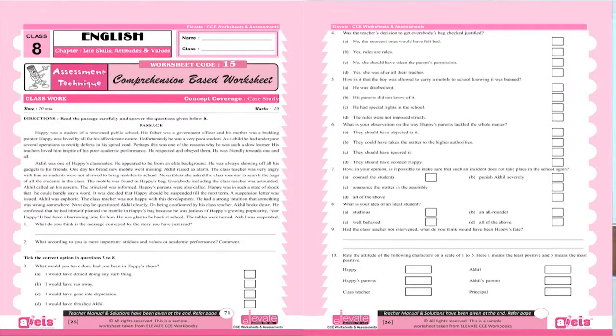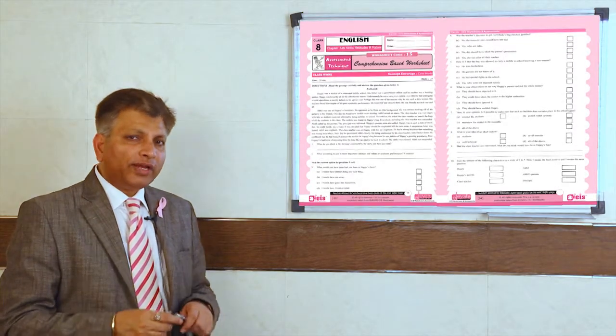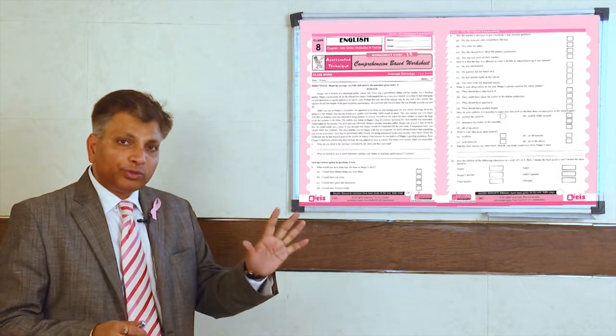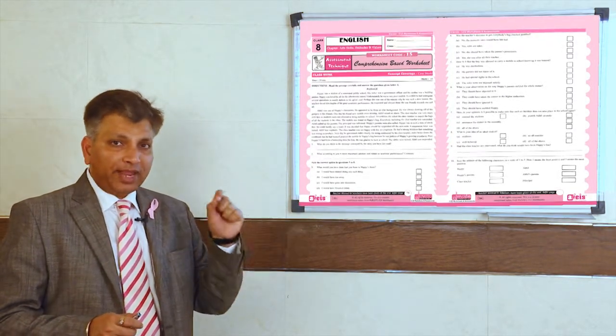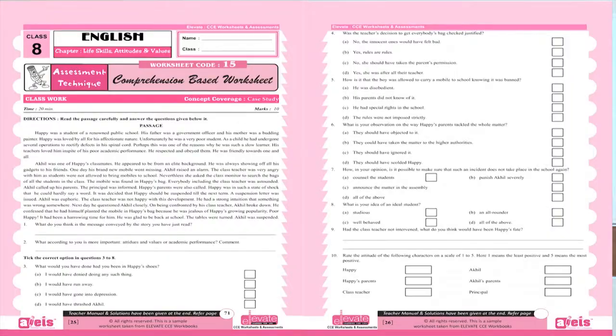This is an activity. This is the story of two boys of the same class. One is good in studies but very naughty. The other is not that good in studies but very calm, composed and respects teachers and other students.